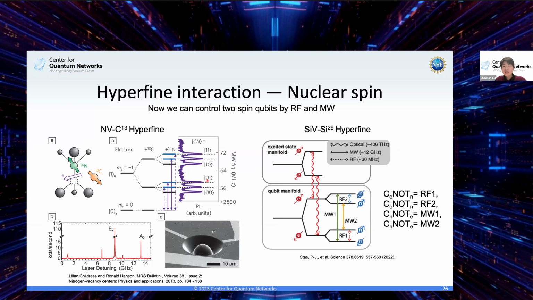It's important to note that, unlike strain or magnetic field, this is not a continuous tuning knob, because only when I'm lucky can I find the carbon-13 around it, and I still cannot control how much your electron cloud overlaps with this carbon-13 nuclear spin.